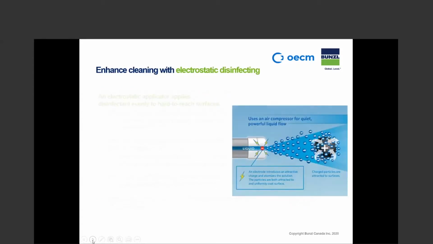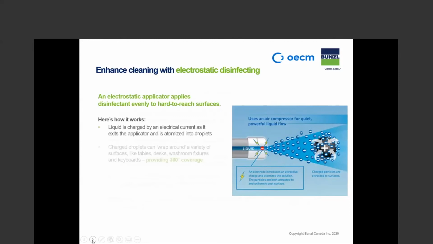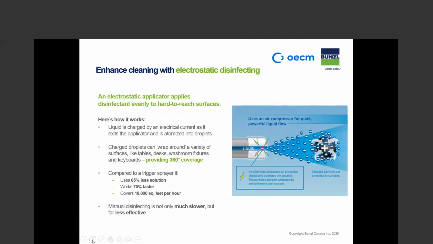The next thing: people are augmenting with other forms of disinfection, in addition to the mechanical cleaning and the second step. And a lot of it is being done with electrostatics. Some people have elected to try to use foggers and things of that nature, but by far, electrostatics are the most effective tool in this area and for doing large areas.